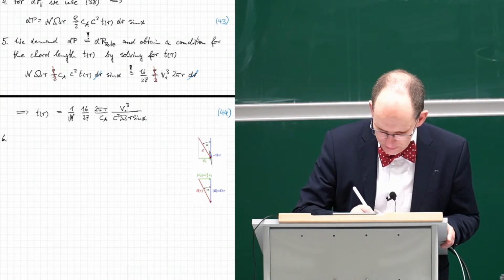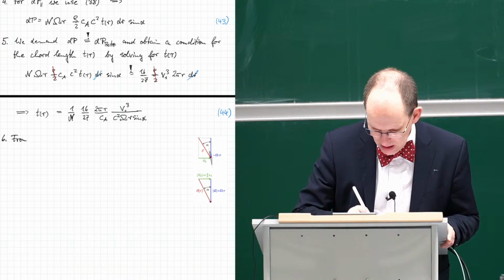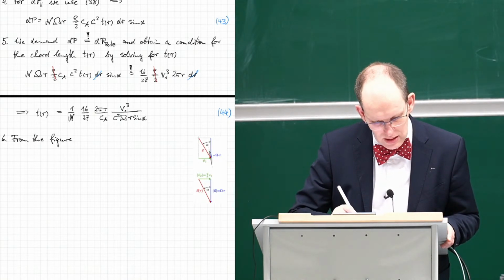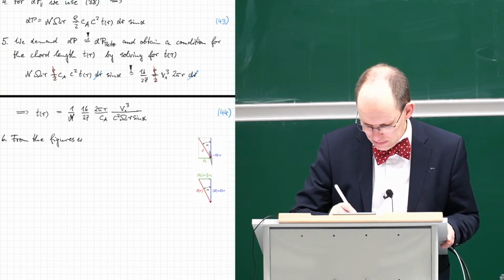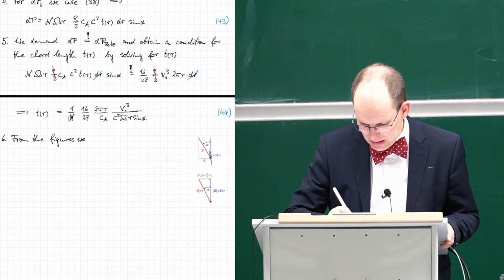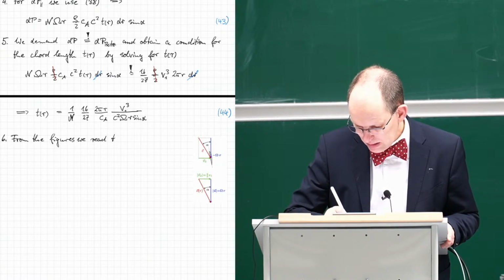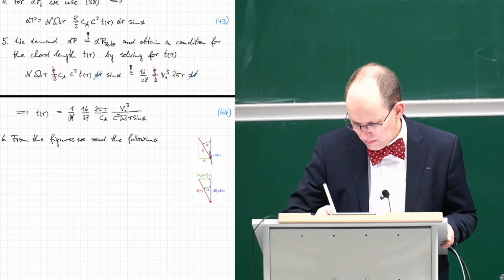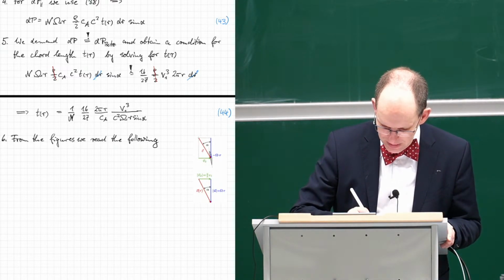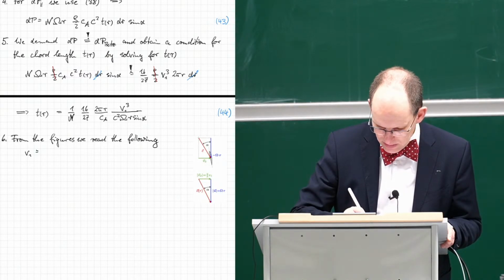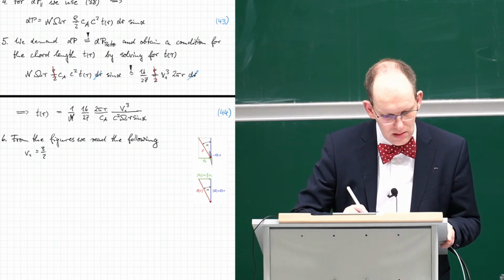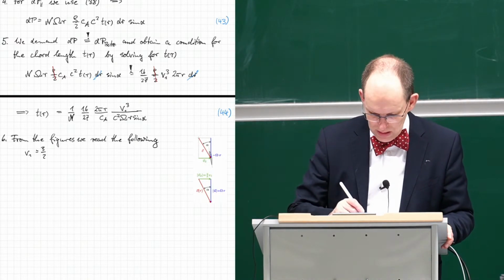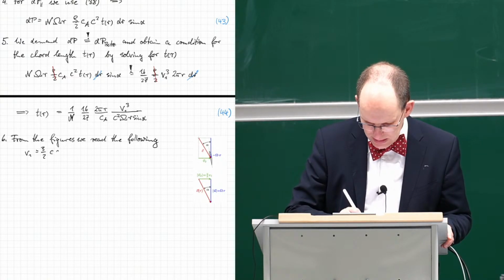So from the figure, or actually figures, we read the following. So we have V1 is equal to 3 over 2 times c times the sinus of alpha.